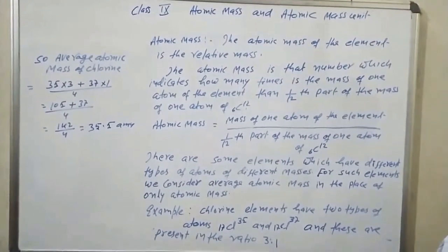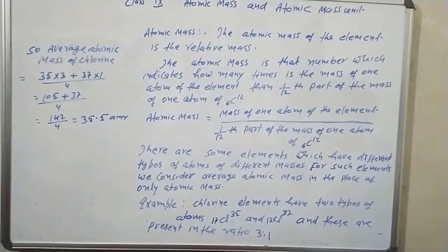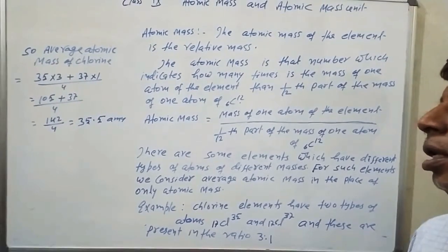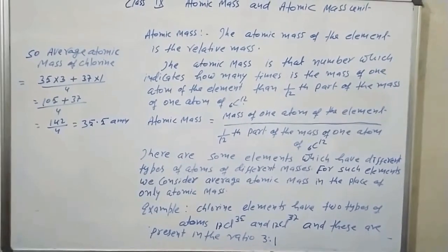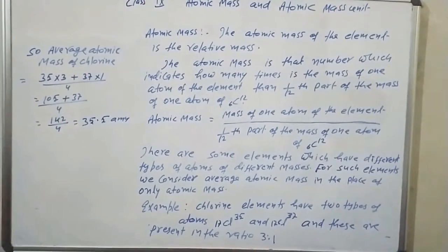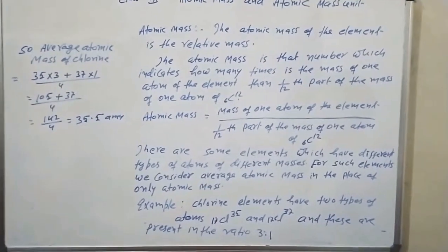Means atomic mass of any element is calculated with respect to the atomic mass of the carbon, so it is called a relative mass.